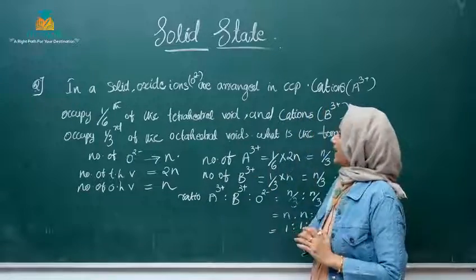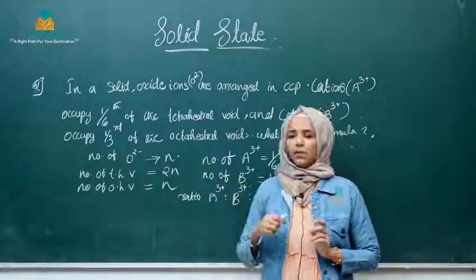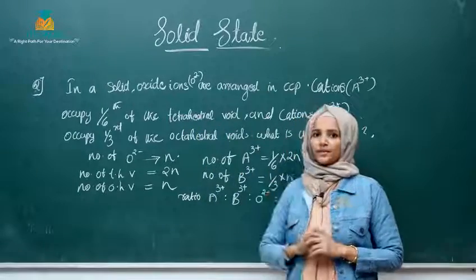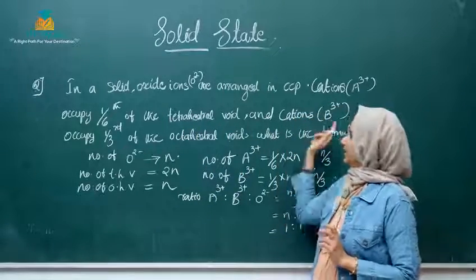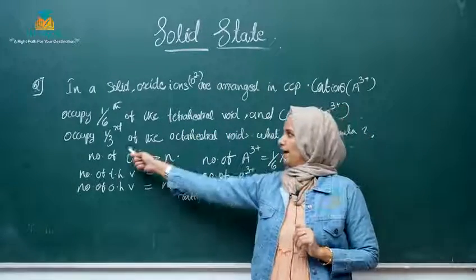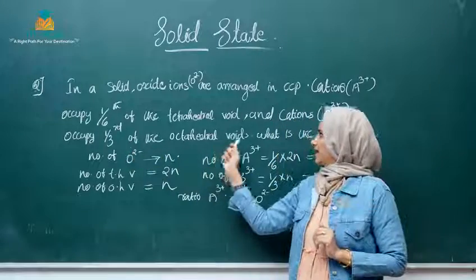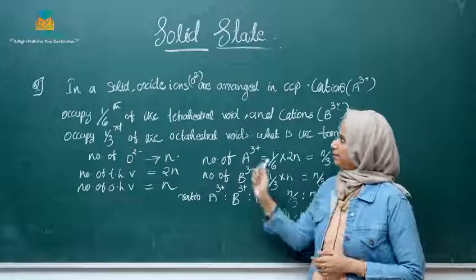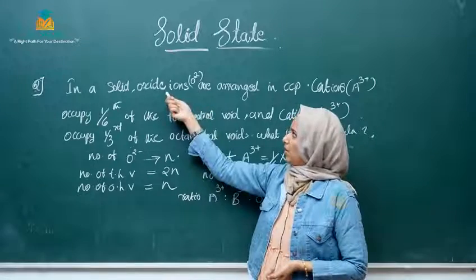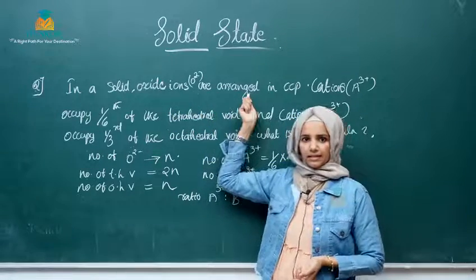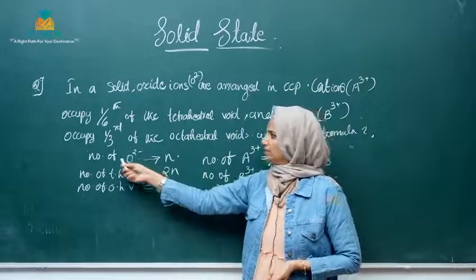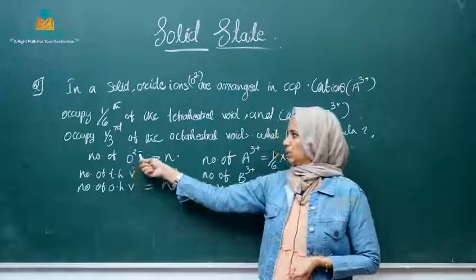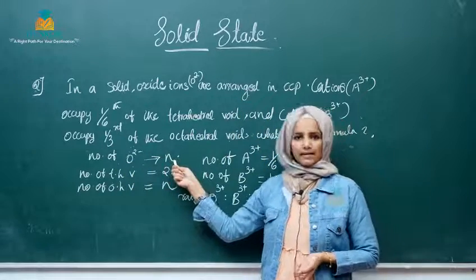Cations A3+ occupy 1/6 of the tetrahedral voids, and one more cation, B3+, occupies 1/3 of the octahedral voids. What is the formula of the compound? That is the question. Suppose we know oxide ions are arranged in CCP manner, so FCC. Let the number of O2- ions be N.